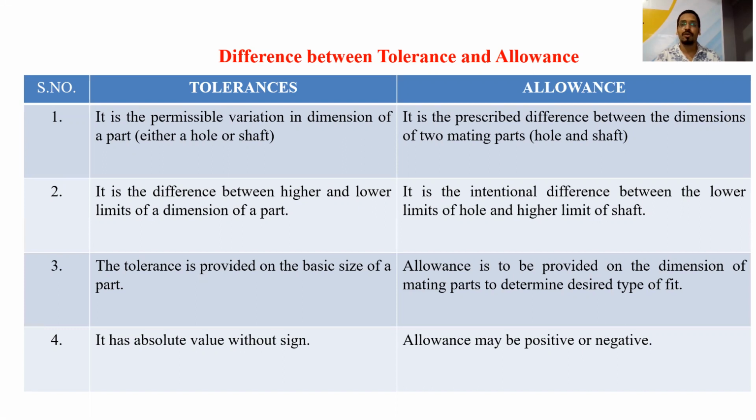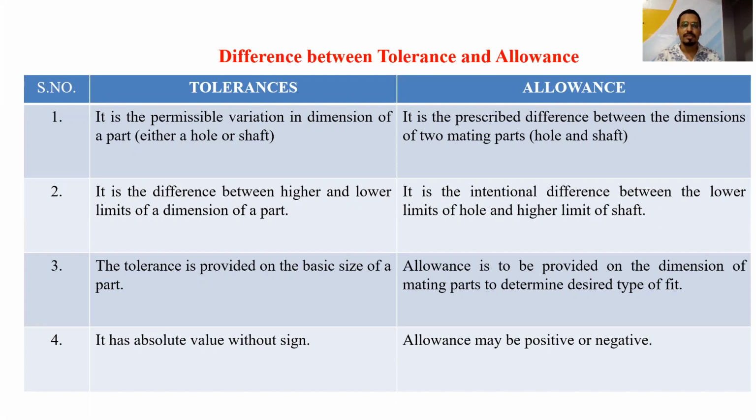If you are considering it for the hole, then you have to consider the upper limit and lower limit of the hole. And if you are considering it for the shaft, then you have to consider the upper limit and the lower limit of the shaft. But in allowance, you have to use only the lower limit of the hole, that is the maximum material condition in case of hole, and the higher limit of the shaft, that is the maximum material condition for shaft.